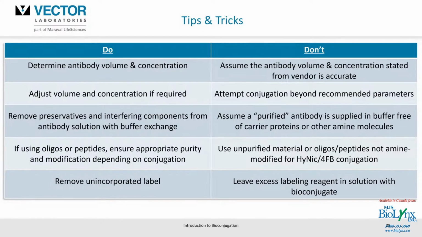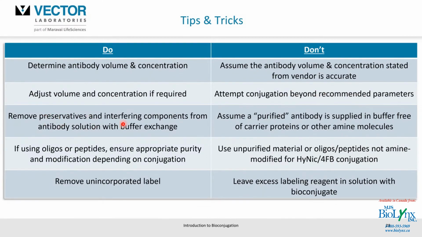The vendor might be overfilling the material by 5 or 10%, so that you're guaranteed of getting whatever concentration they say you're getting. So make sure that you do validate that, make sure you adjust the volume and concentration as required, and work within the given parameters as per the kit instructions. Don't use too little, don't use too much. Get into that sweet spot of volume and concentration.